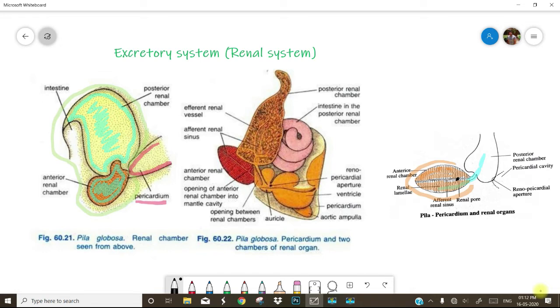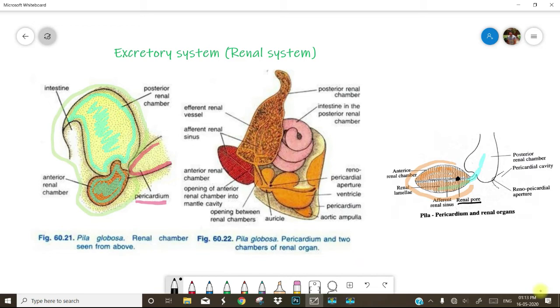This opening is to the branchial chamber. So that is an exit opening from the anterior renal chamber. So anterior renal chamber opens to the branchial chamber through an opening which is known as renal pore or excretory pore. Only through this renal pore or excretory pore, the excretory fluid is expelled outside from the organism.